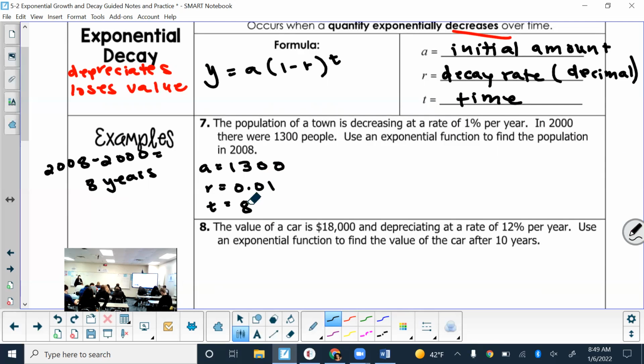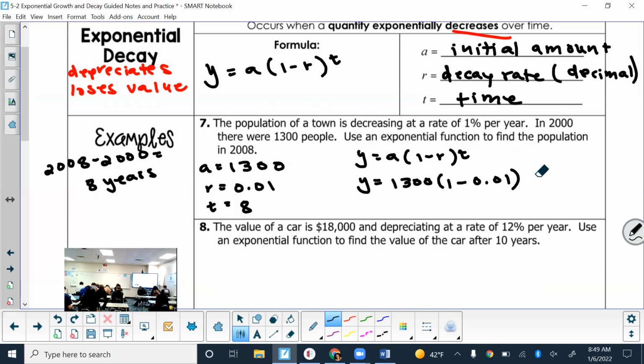All right, so then we plug in 8 for the T. All right, remember the formula is slightly different this time. It's 1 minus now. And then we're just plugging into the formula and solving. So 1 minus 0.01 in parentheses to the 8th power, and then don't forget the initial amount over here.